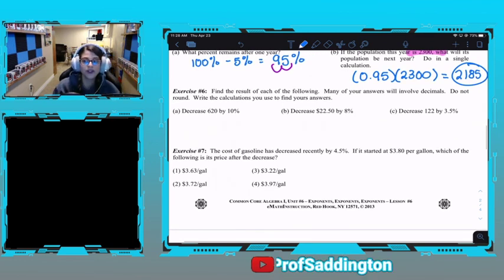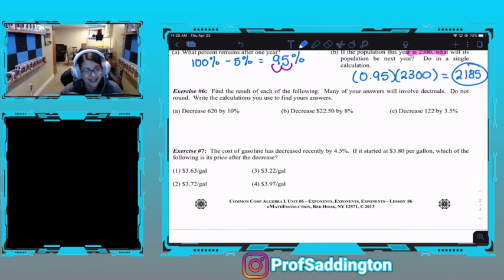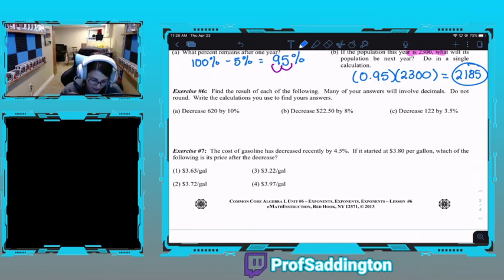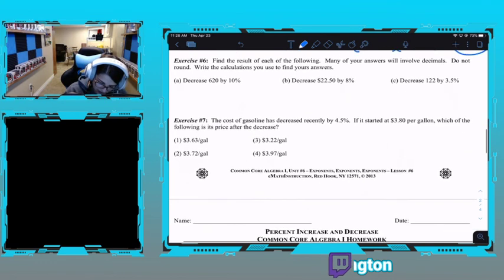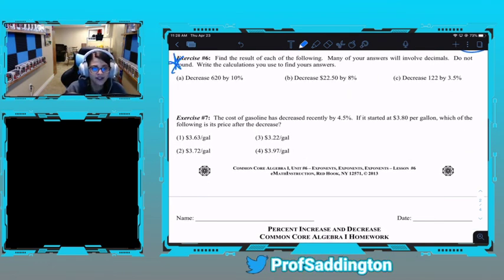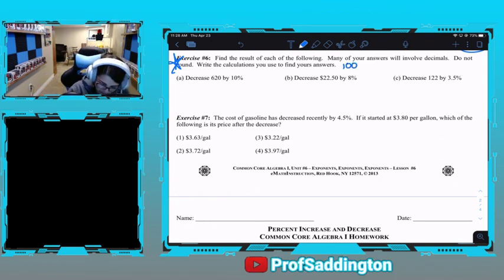So you'll know you're doing these right, or at least on the right path, because if we're decreasing, we know our answer should be smaller, and we did get an answer that was smaller. So that's how you can kind of gauge yourself to see if you're doing these correctly. All right, so 6 is just decreasing practice, just like we did at the top of the other page. So we did do 100% minus whatever they give us.